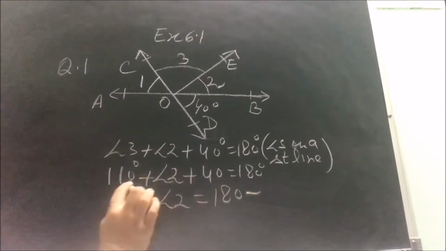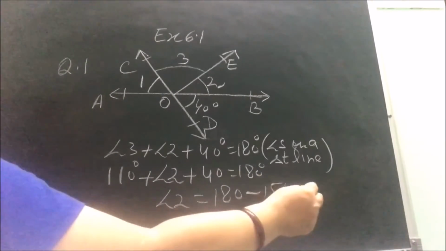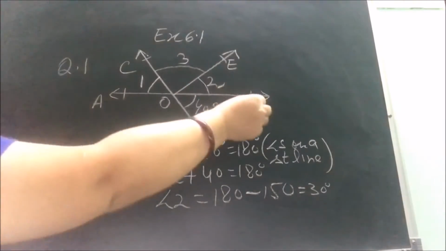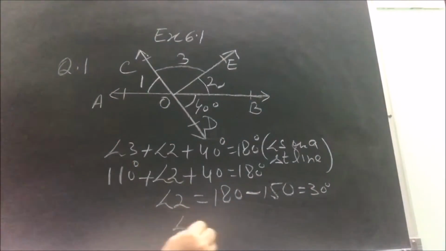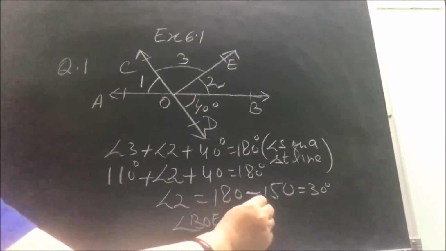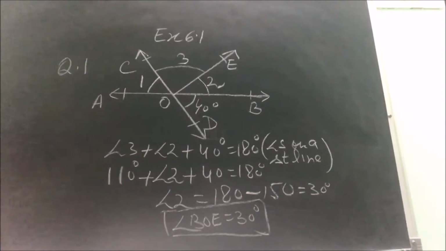Shift the 150 over there. So angle 2 is 30 degrees. And what is angle 2? Angle 2 is BOE. So angle BOE is equal to 30 degrees. Is it clear?